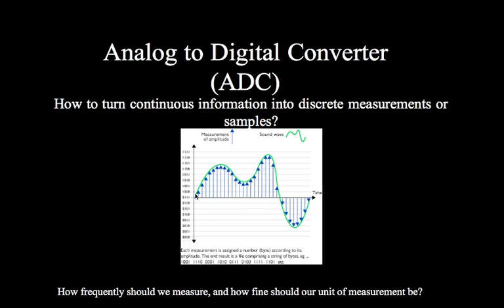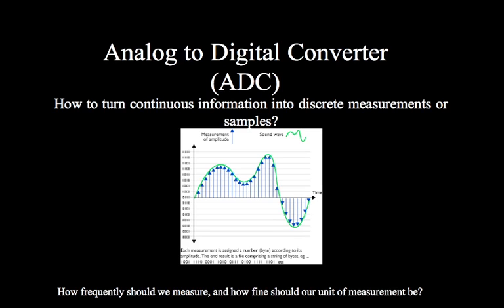So it's like, where is the signal now? Where is the signal now? That's all that it cares about. So this leads us to the important question: how frequently should we measure the signal coming in, and how fine should our unit of measure be?